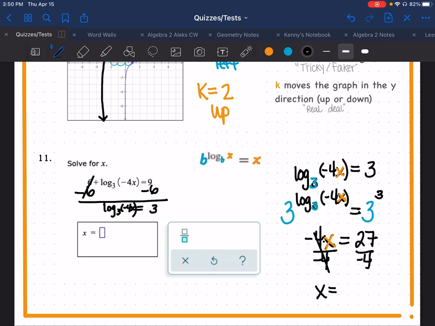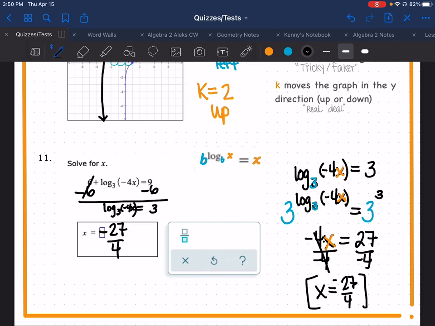When I put this in the calculator, it's going to give me a decimal, but notice that Alex does not want a decimal. Alex wants a fraction, so I'm going to go ahead and leave it. Negative 27 over 4 because the negative on the bottom would come out to the front.